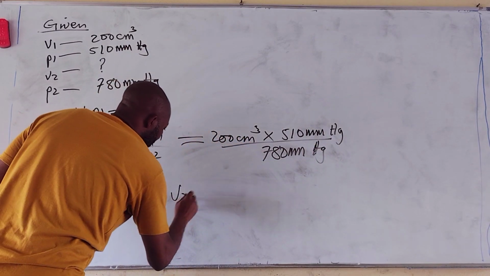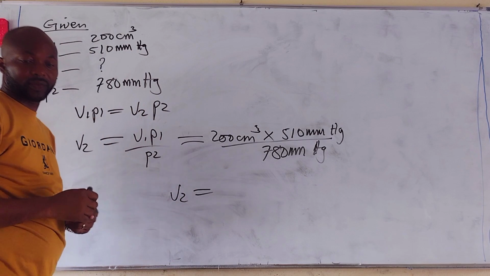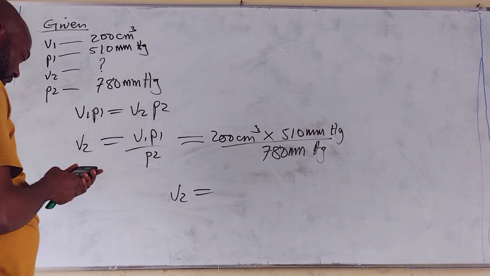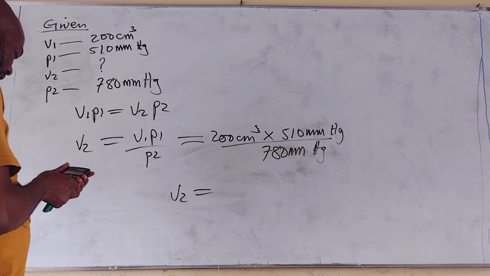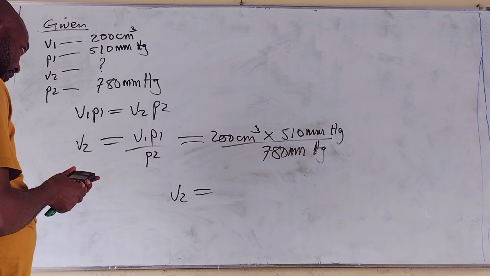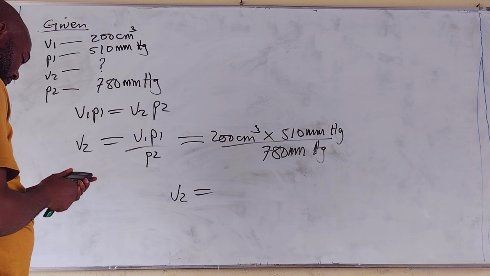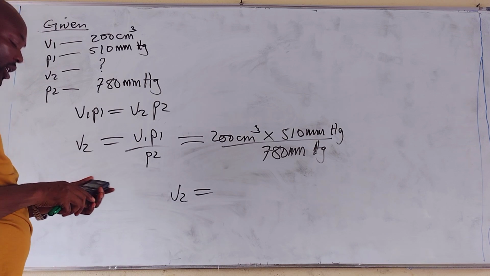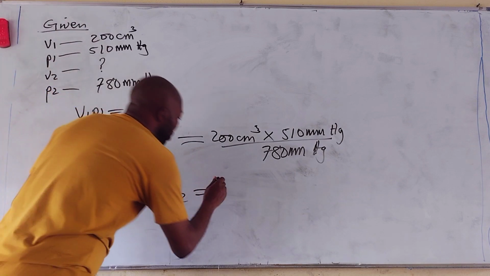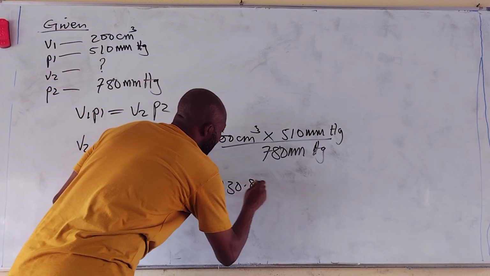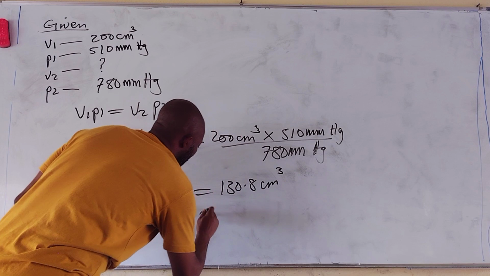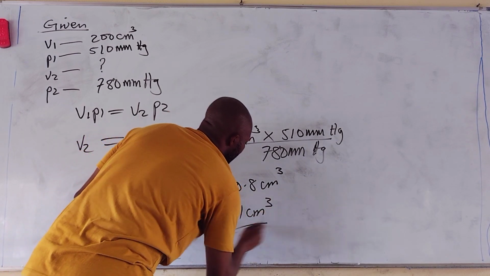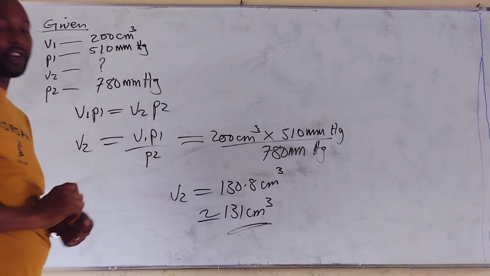And V2 is equal to 200 times 510 divided by 780. That is 130.8 cm cubed, which is 131 cm cubed. Three significant figures, very important.